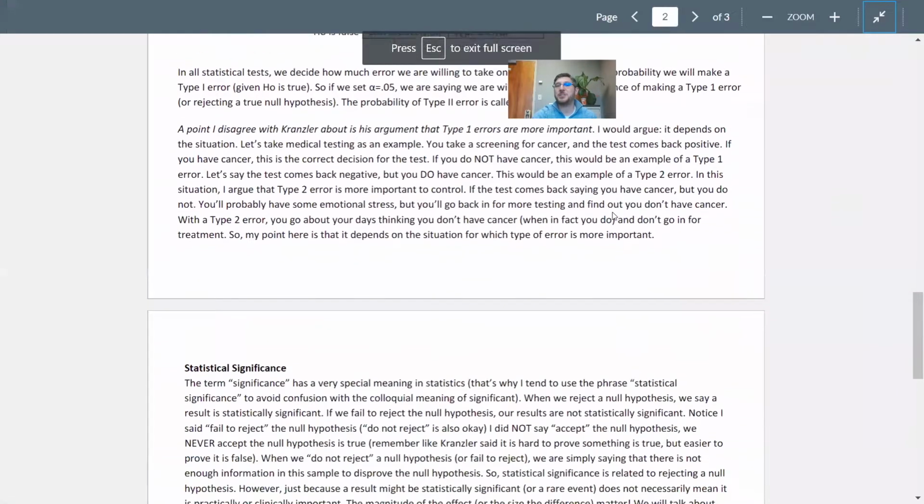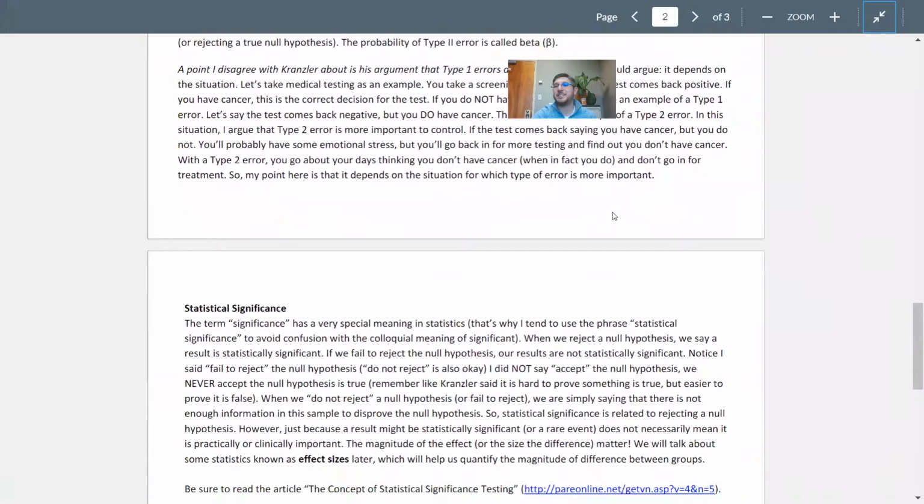One point I do disagree with the Kranzler text is his argument that type 1 errors are more important. I would argue it really depends on the situation. Let's take medical testing as an example. So you might have a screening for a certain disease.